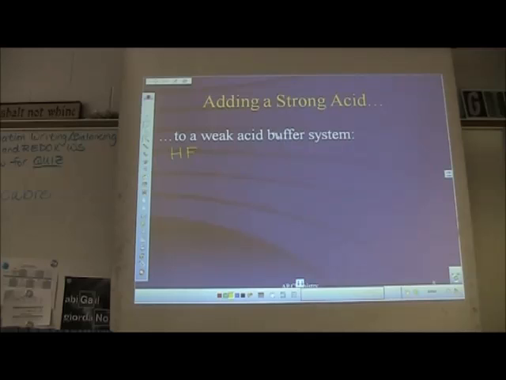Could you please give me a salt that completes this and turns it into a buffer system? NaF, real original. Please give me a strong acid of your choice. HCl's boring. All right, HI.